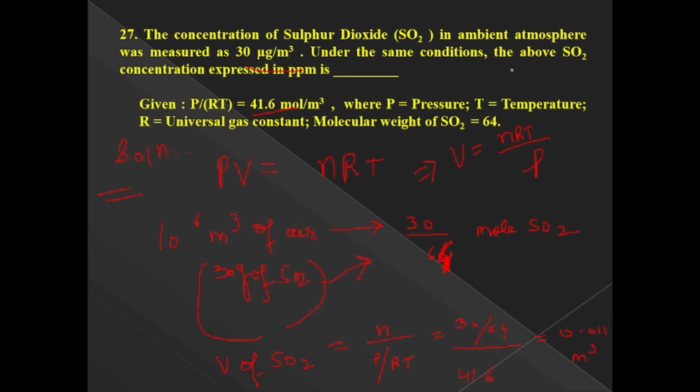So 10 to the power 6 meter cube of air has 30 divided by 64 moles of sulfur dioxide. So according to that we have calculated the concentration or the volume of the sulfur dioxide as 0.01127 meter cube, which is our answer. Okay. Question number 27.